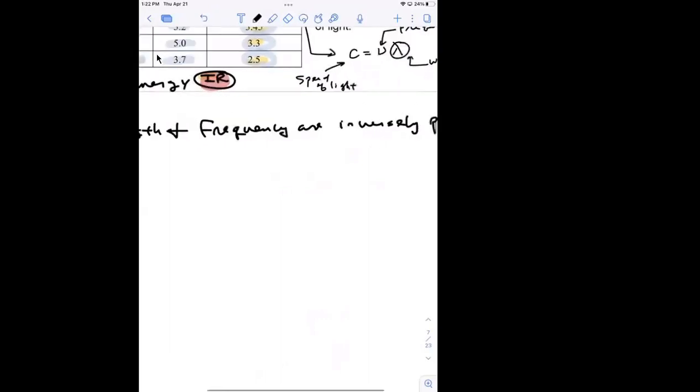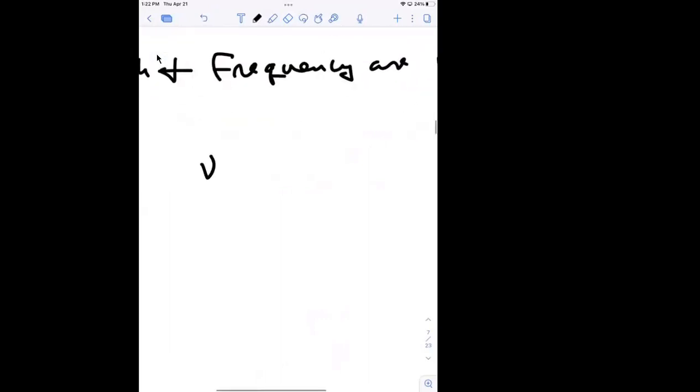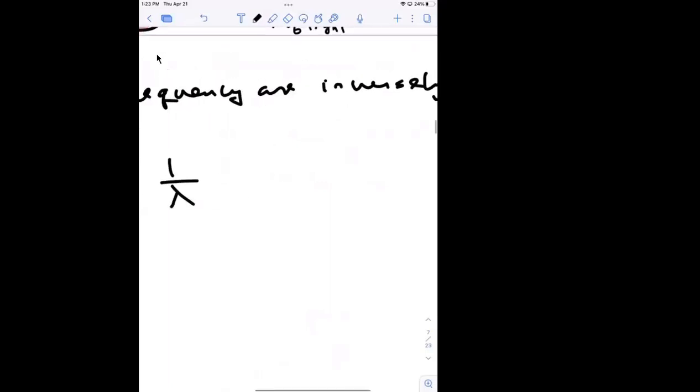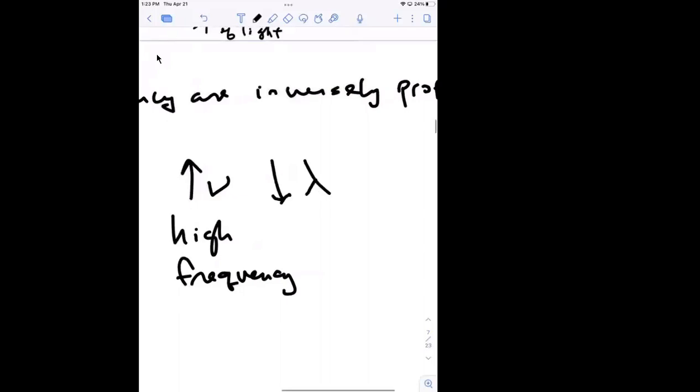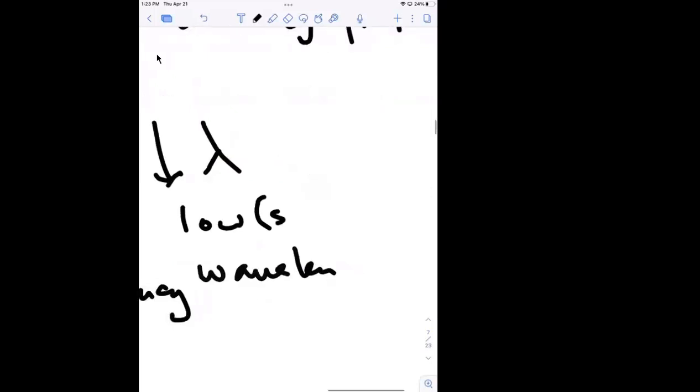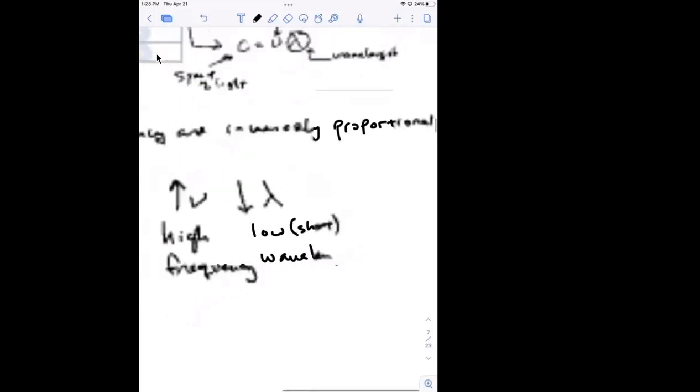What that means is that the frequency is 1 over the wavelength. So high frequency, short wavelength.